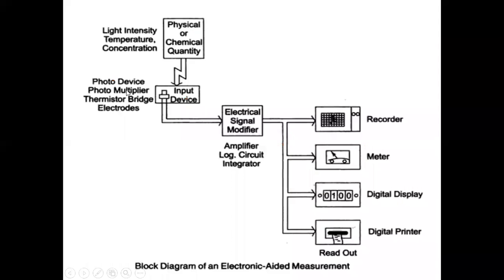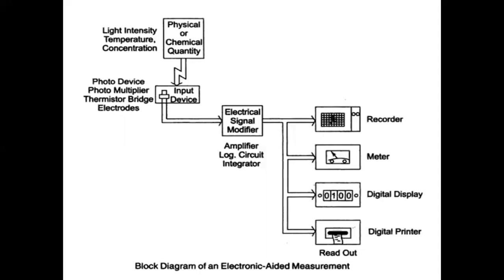The transducer may be a photo device such as a phototransistor or photomultiplier, a thermistor bridge, a glass pH electrode in the case of pH measurement, or a strain gauge, where a change in temperature is reflected as a change in resistance in the bridge. This is converted into a measured electrical signal.